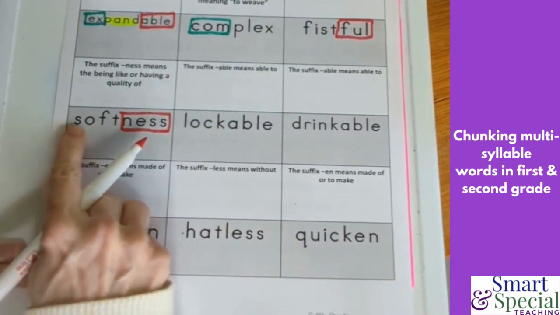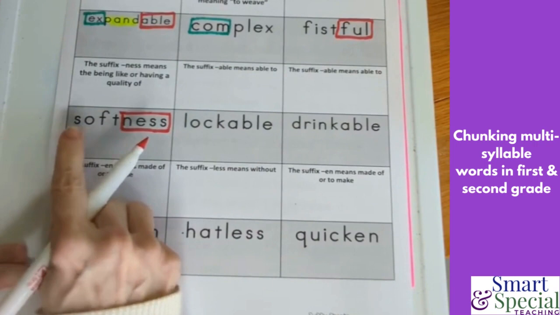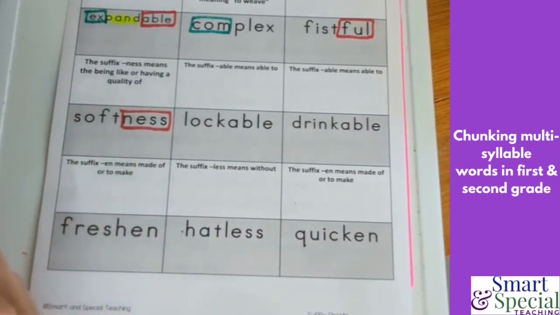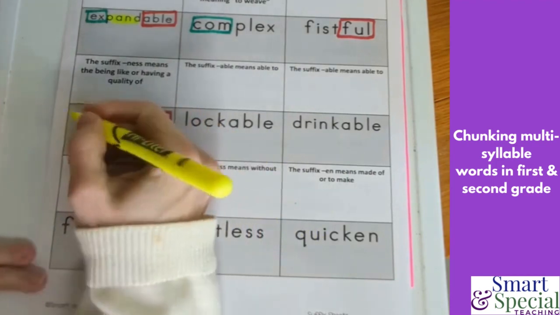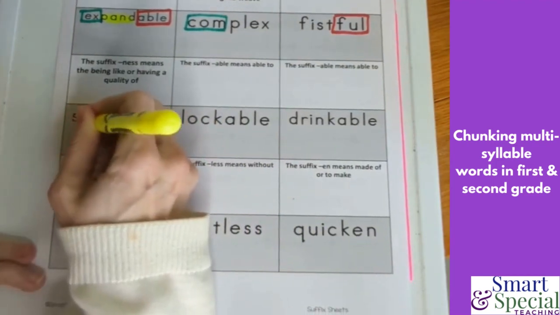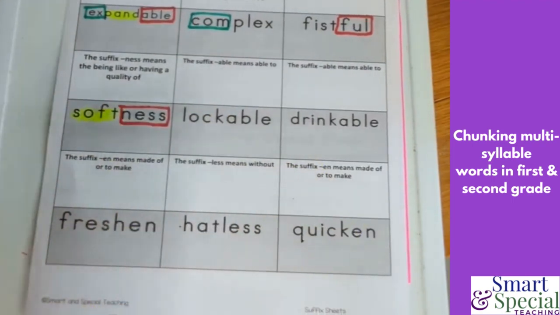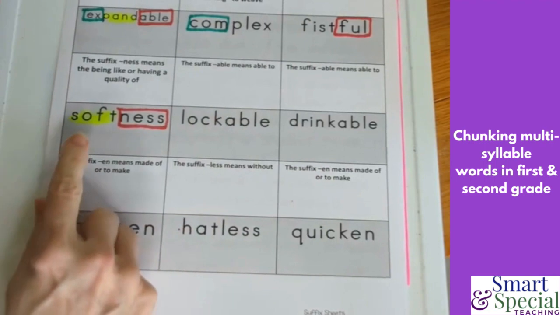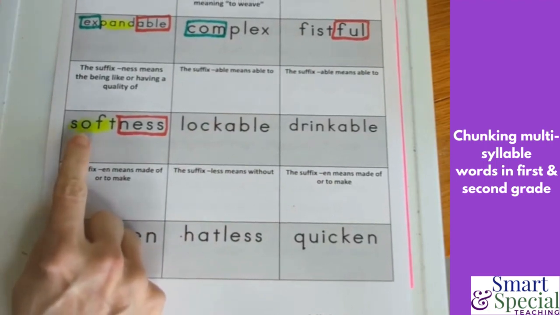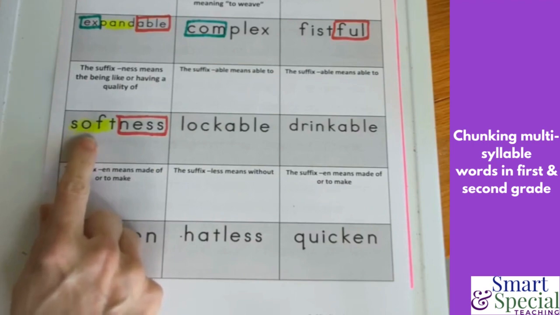So I have them read the first base. The base is soft, and my suffix is ness. So there's my base. And when you talk about bases, there can be what we call free bases and bound bases. This is a free base, soft, because I can use it as a word by itself.